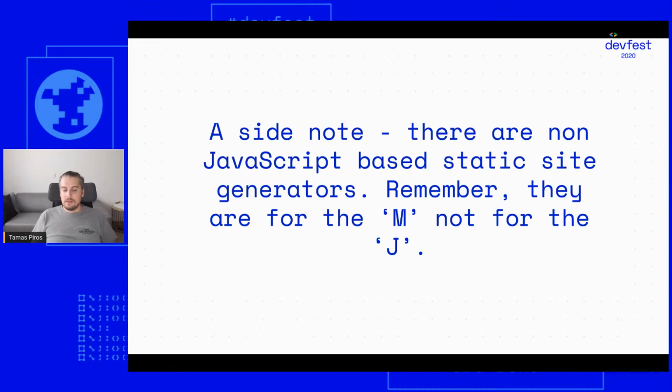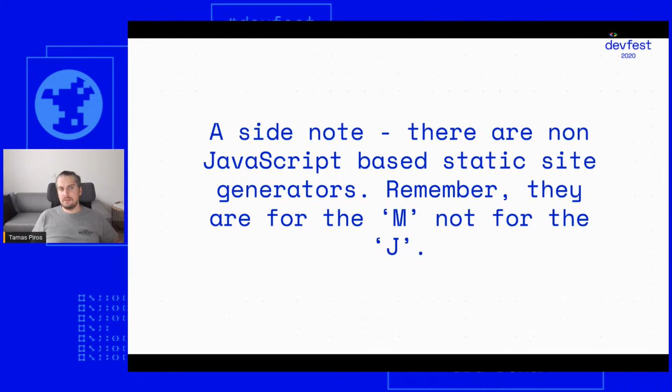But what matters is that, if you come across, say, Hugo, which is a Go-based static site generator, Hugo is very popular in the Jamstack community. And people often get confused and say, well, I thought Jamstack is JavaScript, APIs, and markup. So why are you now talking about something that is based on Go?